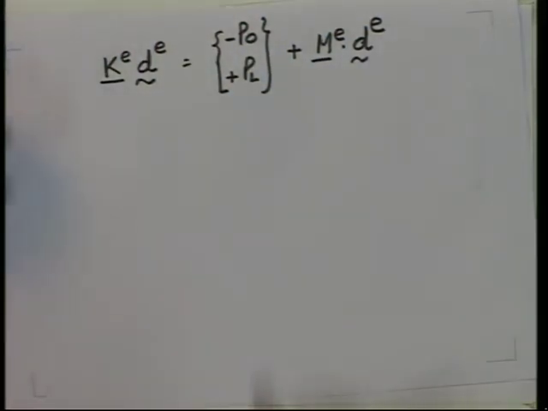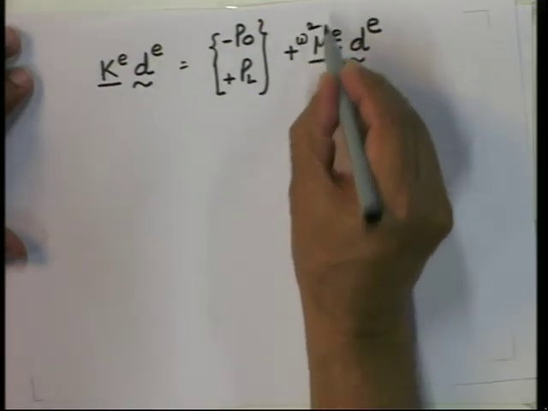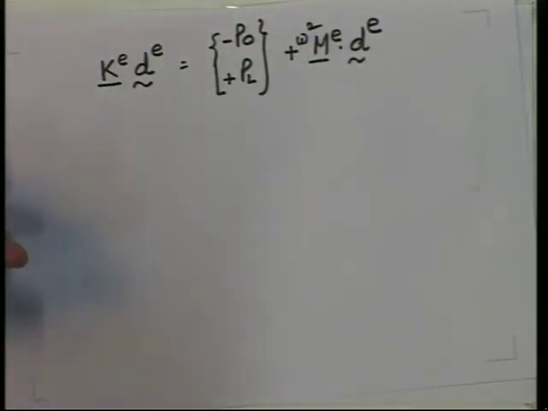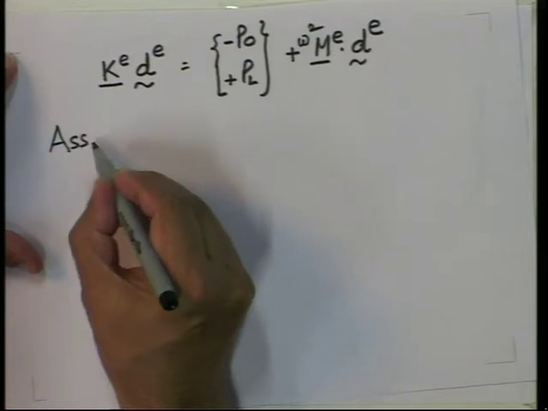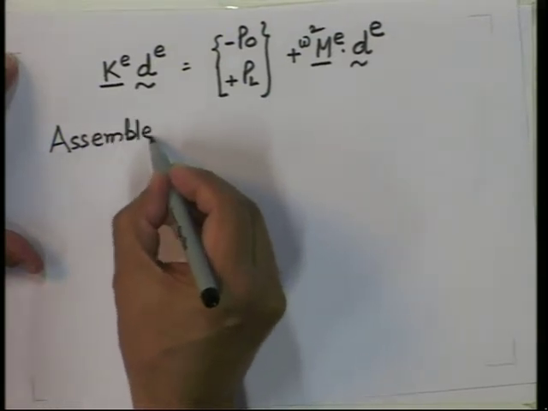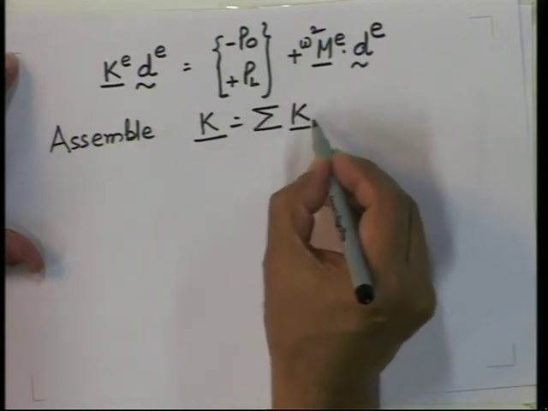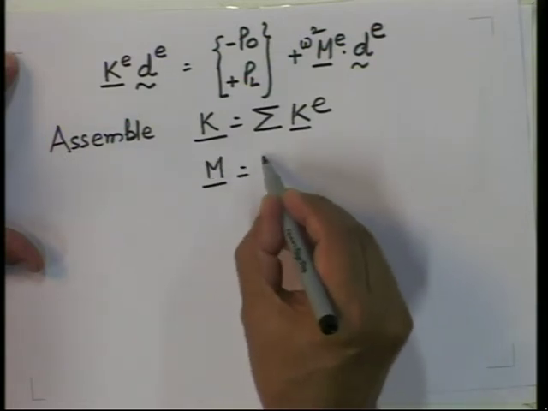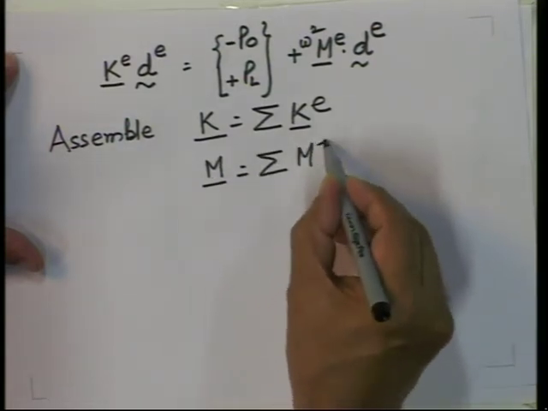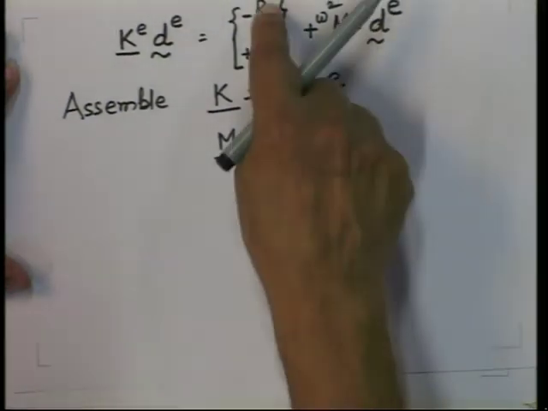Omega square will be there, yes, certainly omega square. Now, once you assemble all the elements which are joined together, such terms will come.